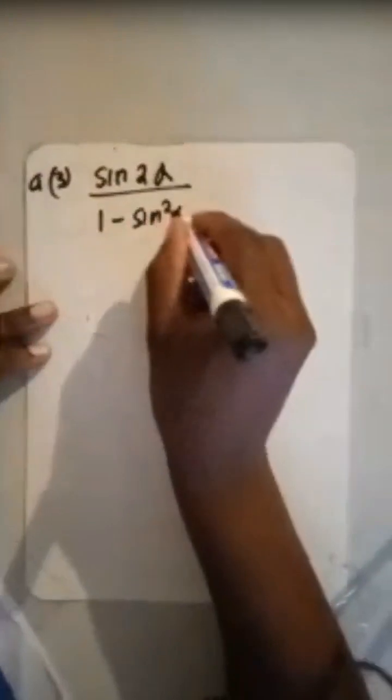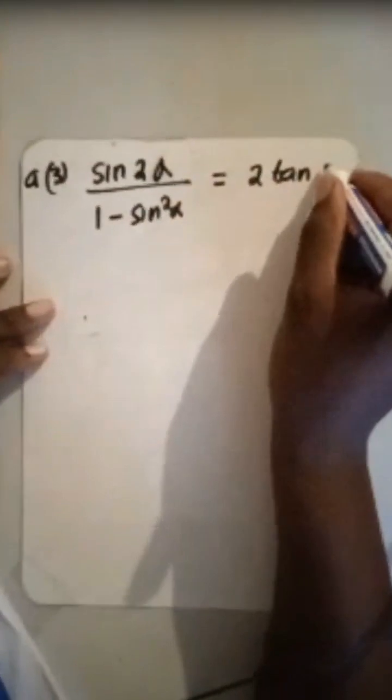A3, which says sine of 2 alpha over 1 minus sine squared alpha is equal to 2 tan alpha. Like I explained last time, the equation has two sides of the equal sign: the left hand side and the right hand side.